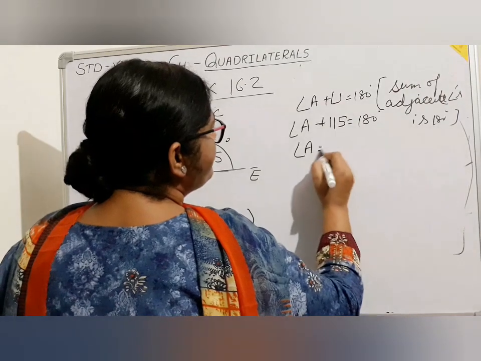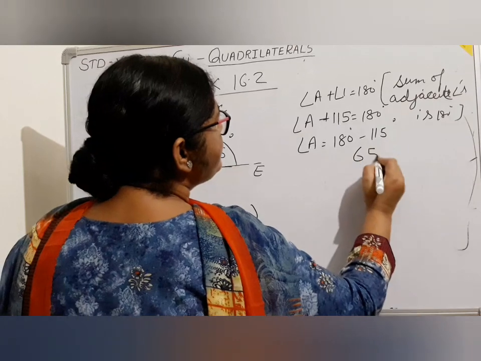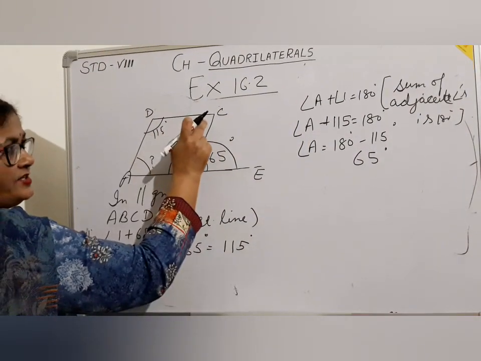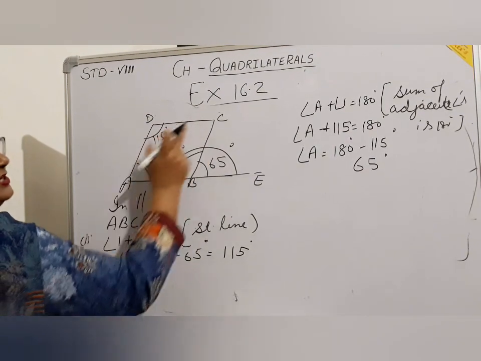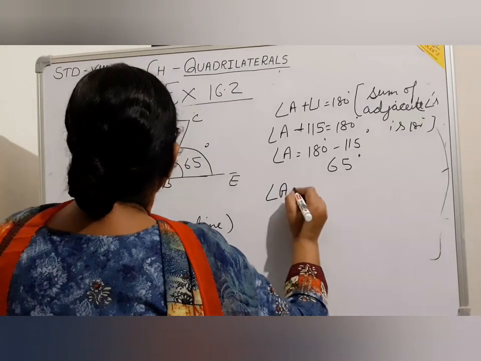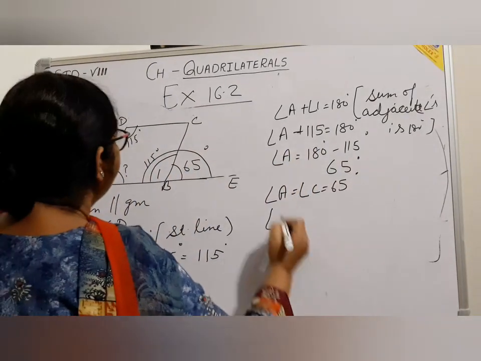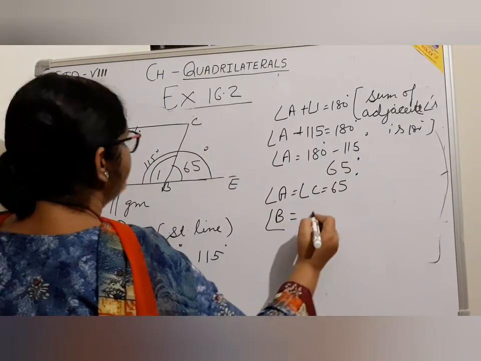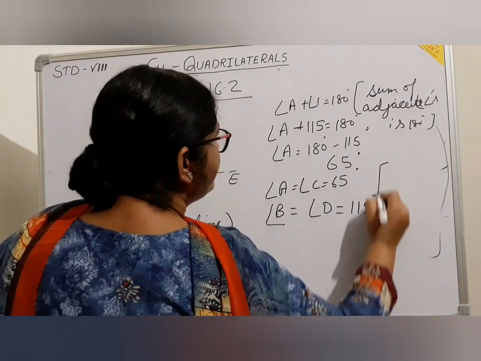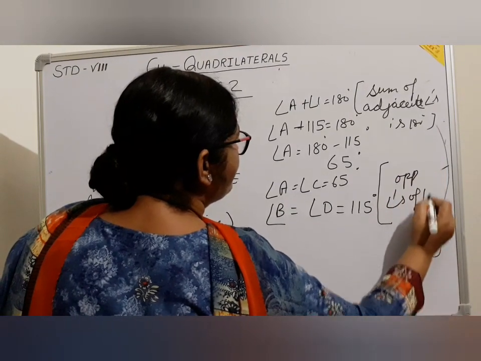Angle A is equal to 180 degree minus 115, which is 65 degree. Means if angle A is equal to 65, angle C is also 65 degree, because opposite angles of a parallelogram are always equal. Now angle A is equal to angle C is equal to 65 degree and angle B is equal to angle D is equal to 115 degree, opposite angles of a parallelogram.